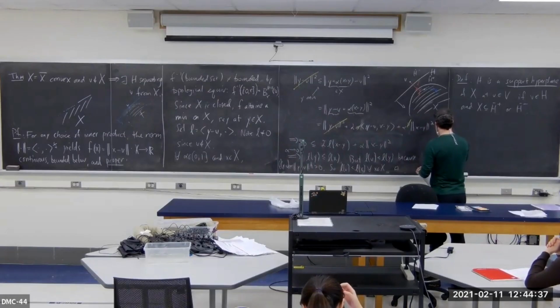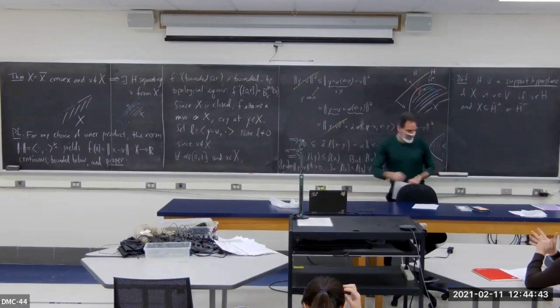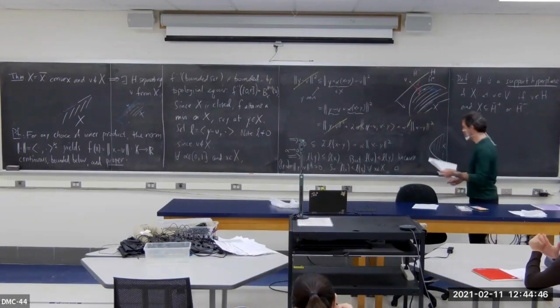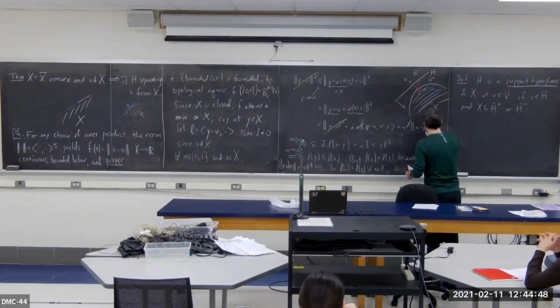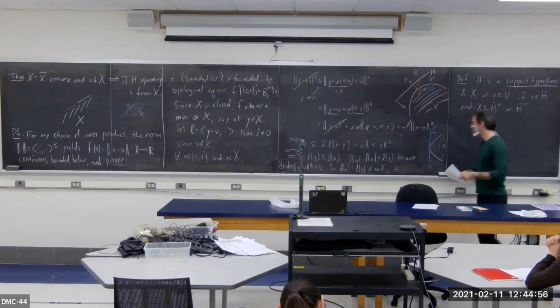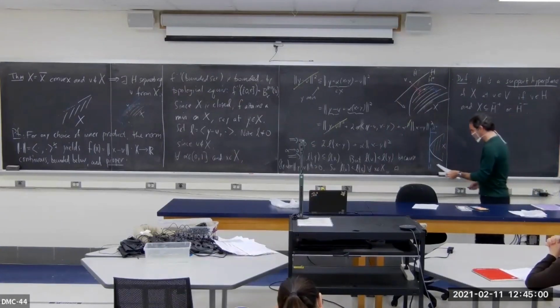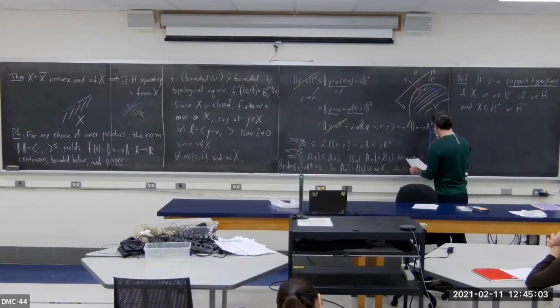This is going to be my X, like this, and my hyperplane will be this thing over here. This is going to be H, a linear function that does it. That's the closed positive half space, and I want v to be in there. There's my point v.